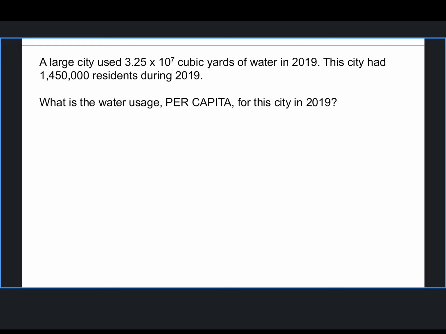And that's a really Texan thing to do, just so you know. Per capita means to divide per person. Capita means head, per head.